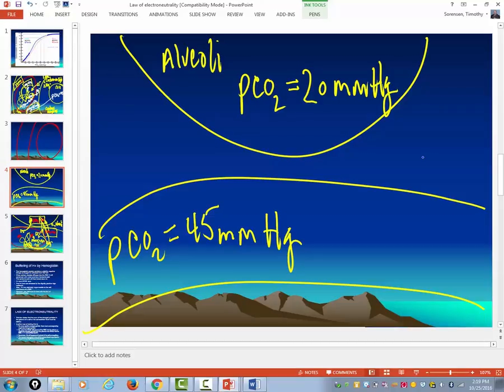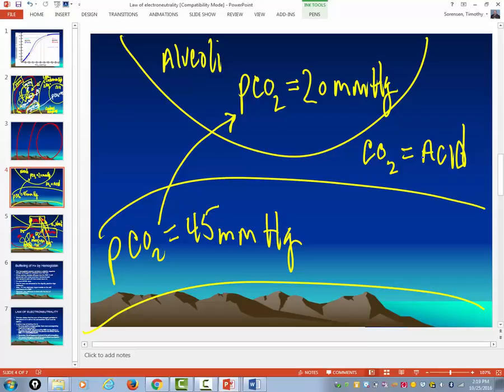As a result, the partial pressure of carbon dioxide in the blood is going to be much greater than the partial pressure of carbon dioxide in the alveoli. And with that larger pressure gradient, more carbon dioxide is going to move out of the blood and into the alveoli by pressure. And we learned that CO2 is an acid.